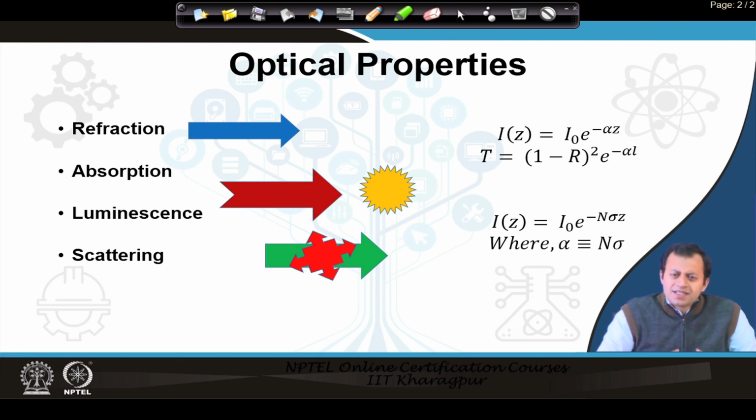So, not necessarily though that luminescence has to be followed by absorption. It is not at all necessary that every time there is an absorption happening, you will see light coming out, right? That is not the case. Absorption, as I said several times, the photon is not actually energizing the electron.